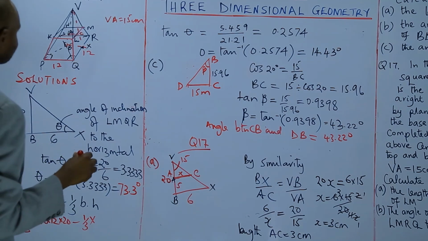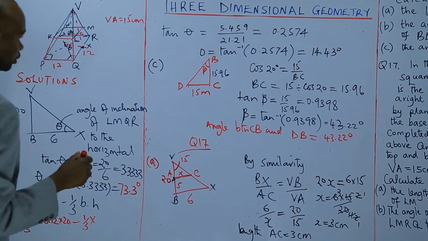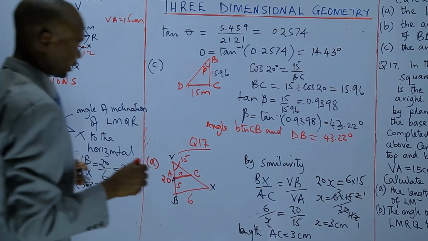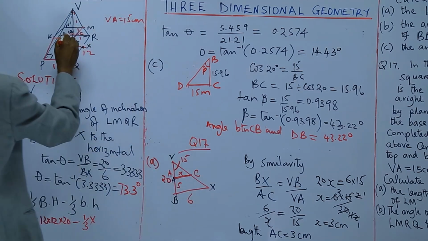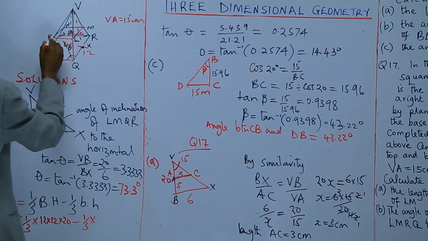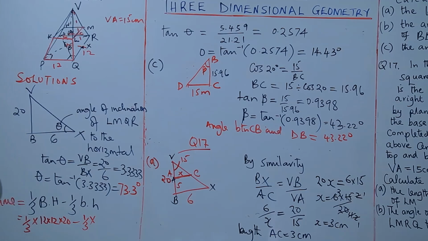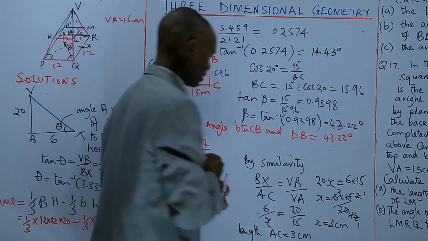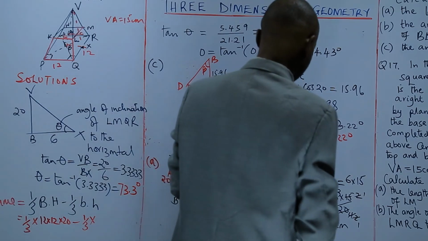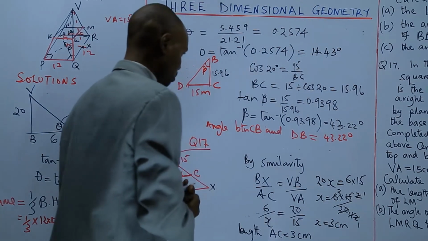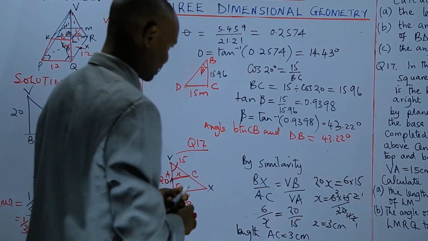If AC was 3, it means that to complete this would be 6. That would be 6.